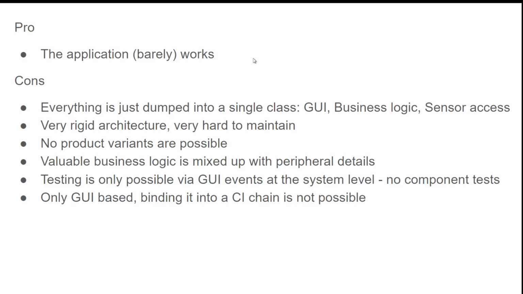But what kind of UI technology or what kind of sensor we are using at the moment will probably change much more often in the future. So that's why somehow separating this in the future would make sense. But at the moment, we don't focus on that.